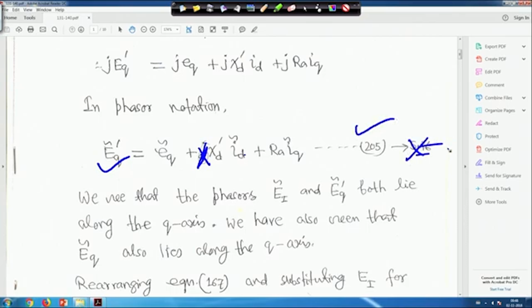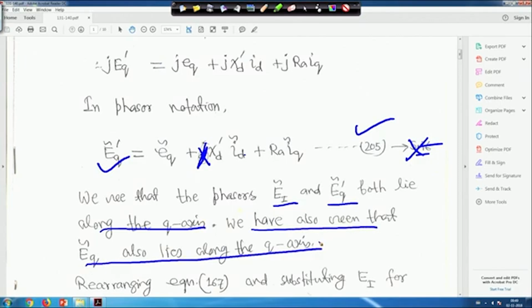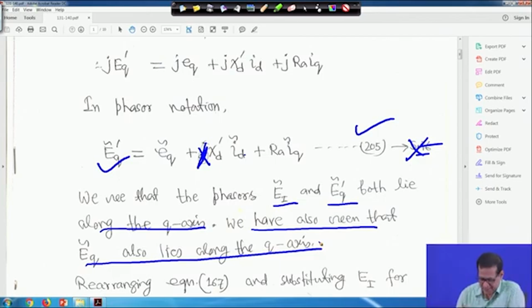So, that way first we make this one. After this, we see that the phasors E_I tilde and E_q dash tilde both lie along the q axis, because they are multiplied by j only, right. We have also seen that E_q tilde also lies along the q axis, because all are multiplied by j and all are lying along the q axis.